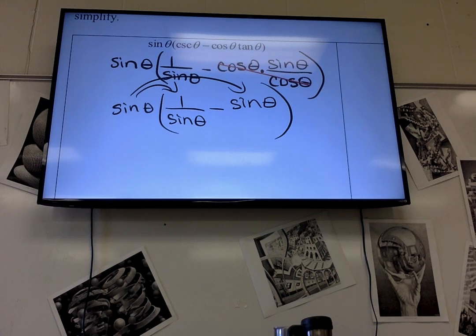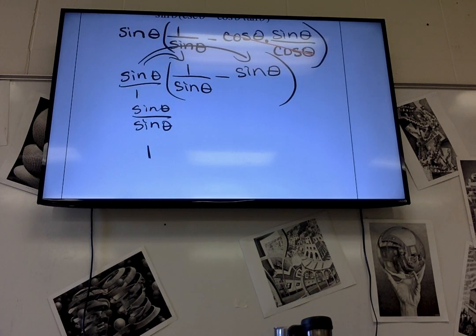Sine times 1 over sine. No, that won't be one, it's multiplying. No, because it's sine over 1. So it's just sine over sine, which is 1. And then sine times sine, sine squared.